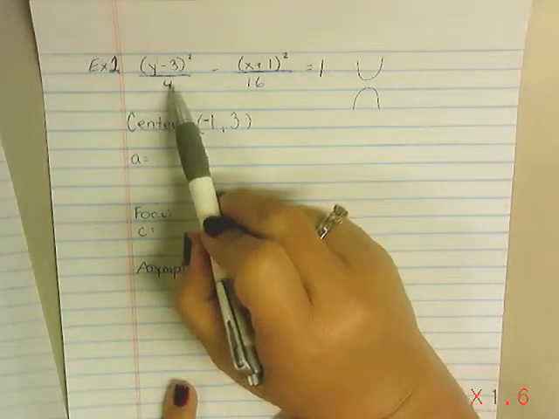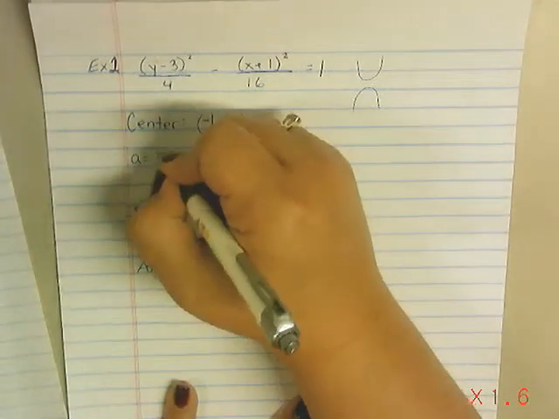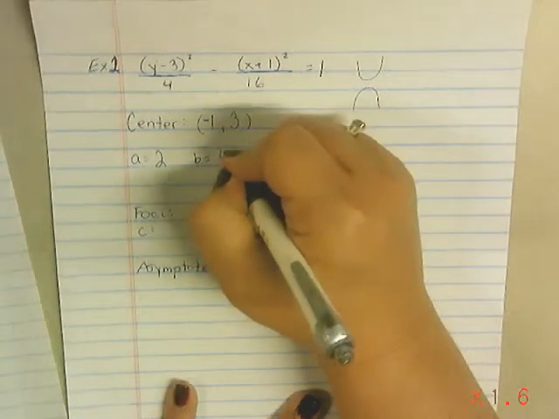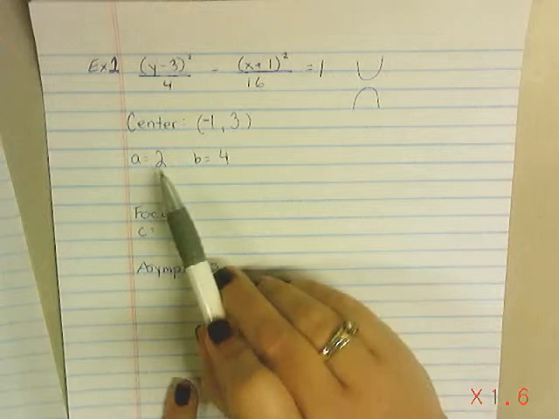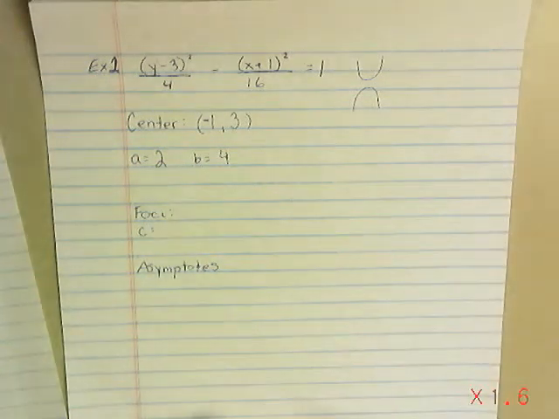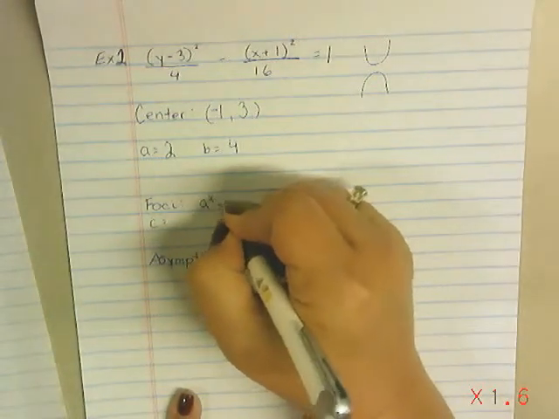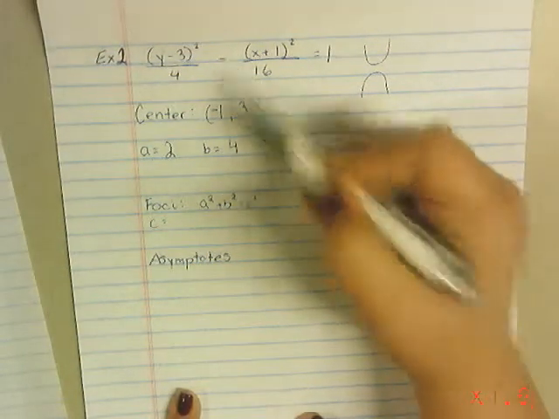All right, but remember again, a always comes first on a hyperbola. So a is 2, because it's the square root of that. B is 4. Again, we can either find our vertices now, or we can find them later when we go to do the graph. So this time I'm going to find them later. All right, foci, again, we use the formula a² + b² = c², because it's the opposite sign of that one.